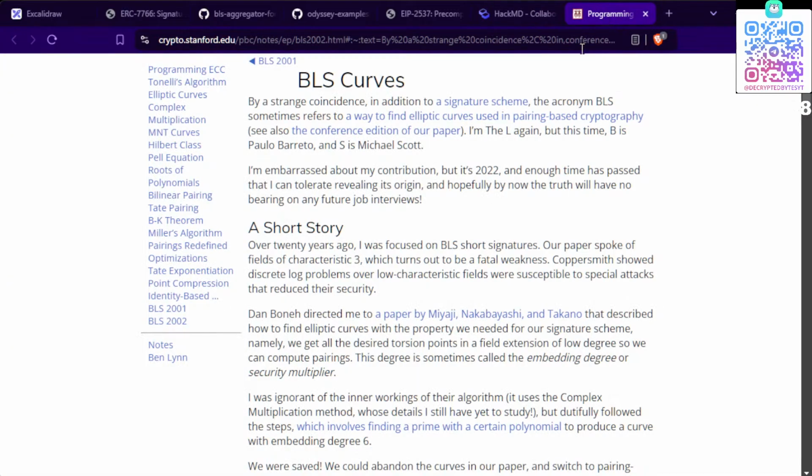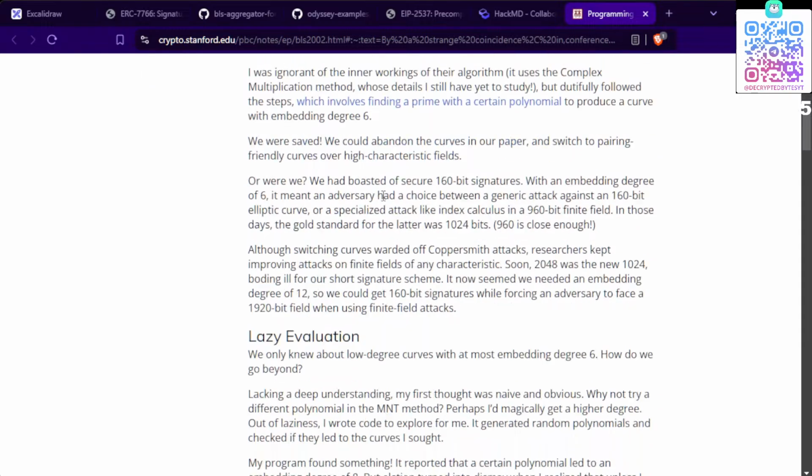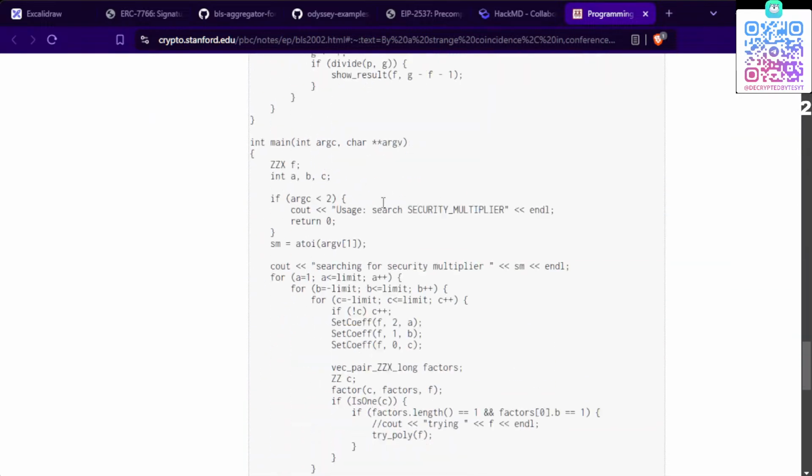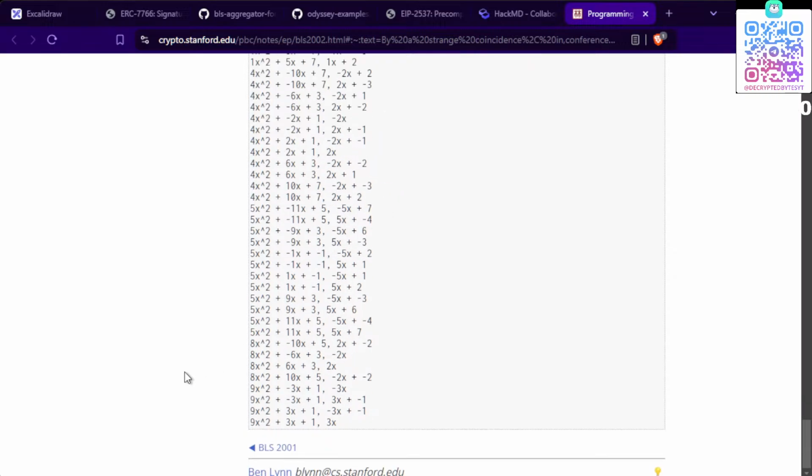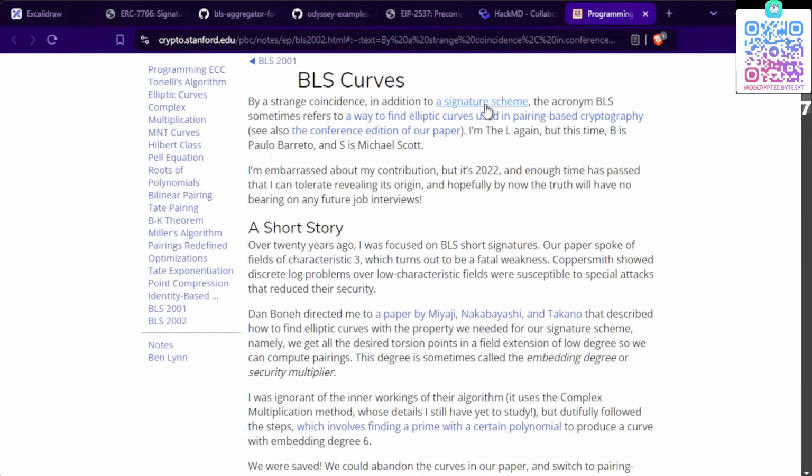If not, I already have this part which just tells, by string coincidence in addition to signature scheme, the acronym BLS sometimes refers to a way to find elliptical curves used in pairing based cryptography. I think R will be pairing based cryptography.